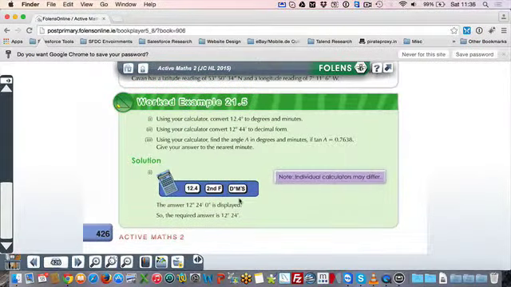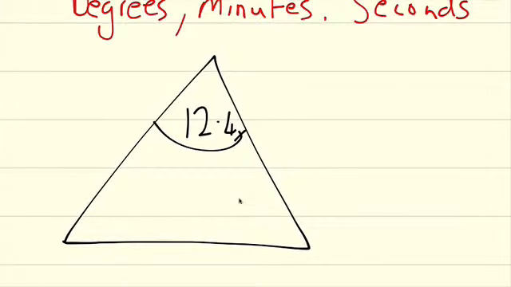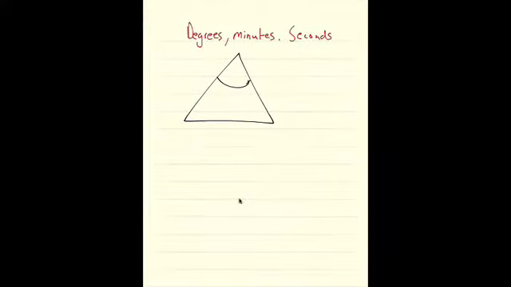Usually in a triangle, you see something like this as an angle. Tell me if I'm wrong. You see something like 12.4 degrees, don't you?